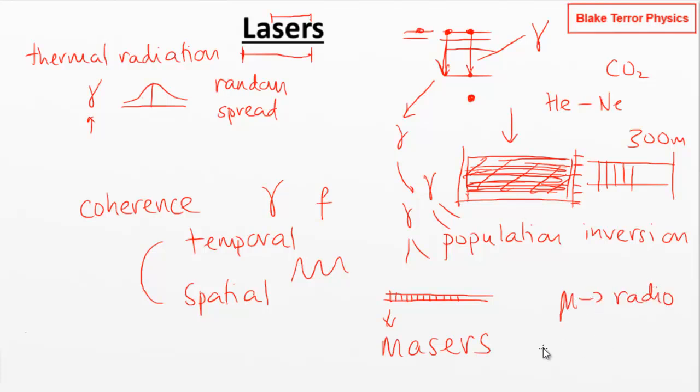And if you've got stuff which is in the light to gamma ray direction, at the shorter wavelengths, the higher frequencies, then these will be our lasers. These will be our masers if you've got longer wavelengths. But it's a similar sort of process.